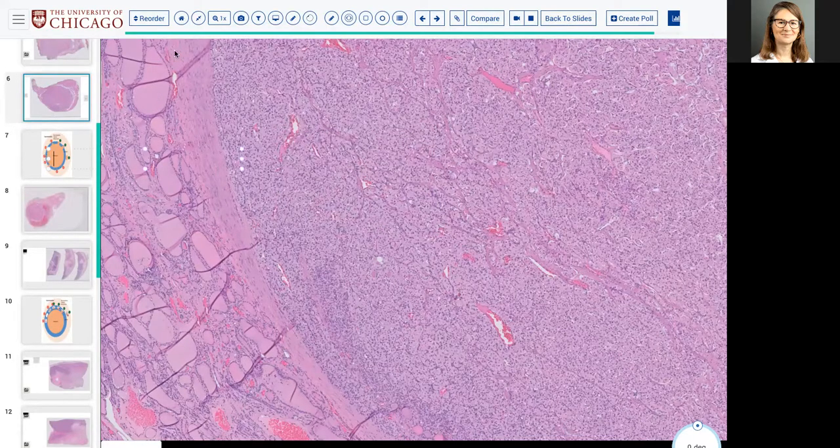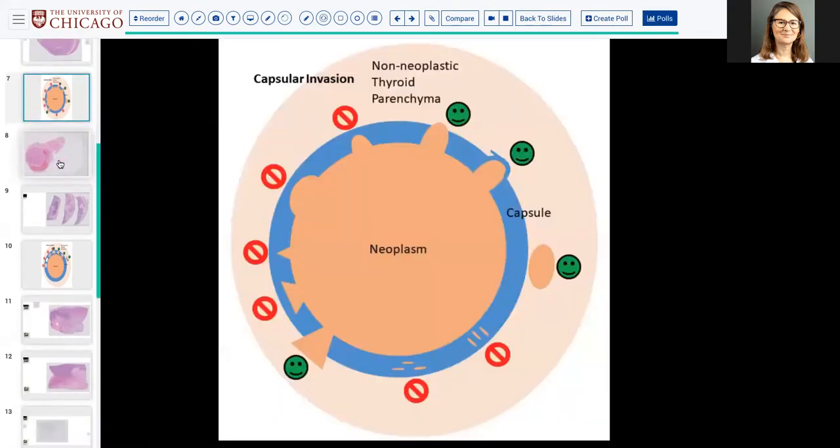There's a nice diagram in the College of American Pathologists protocols, the ones that you can get free online, that describes the accepted criteria. Why is invasion happy? That's a good question. I could change those to plus signs instead of happy faces.